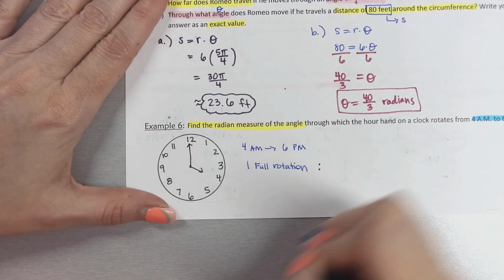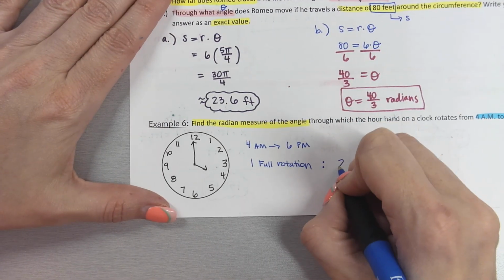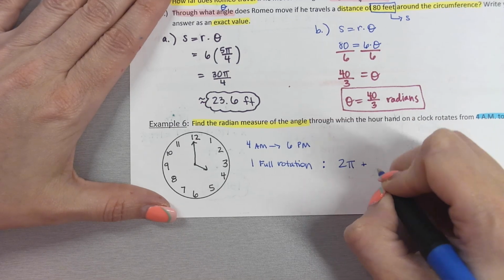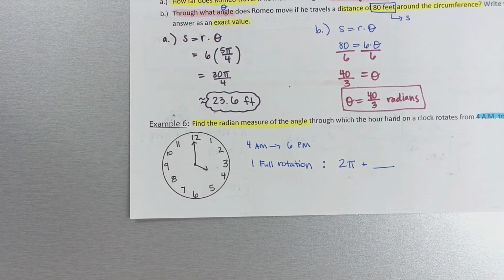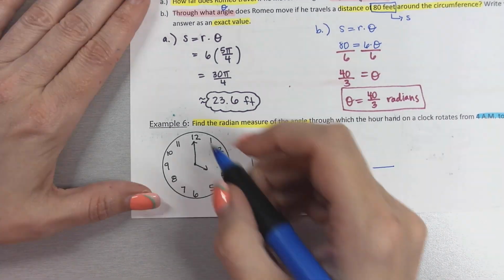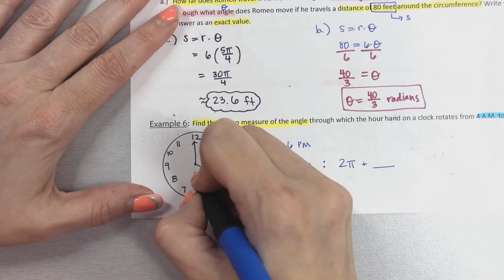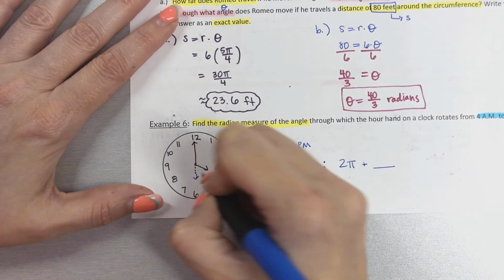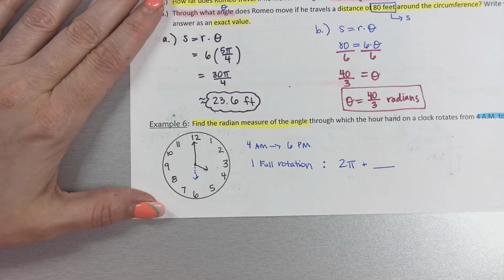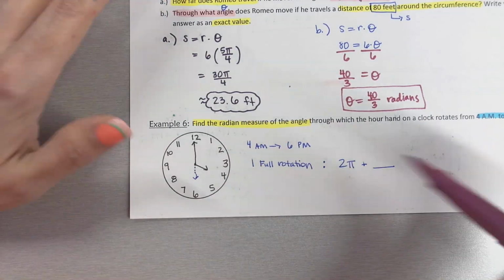So one full rotation is equivalent to 2 pi. We have to find how much we have to add to it. Okay, so from 4 p.m. to 6 p.m., we have to find this distance.